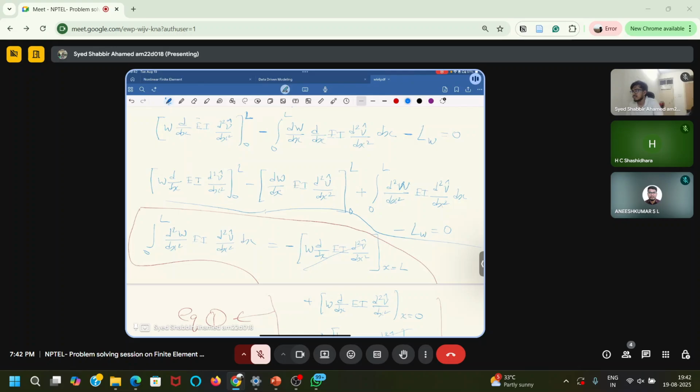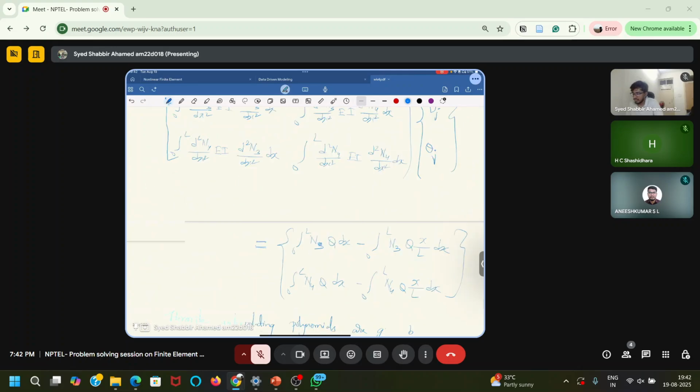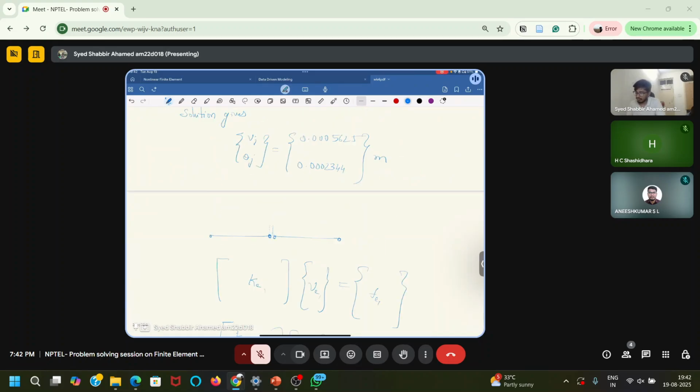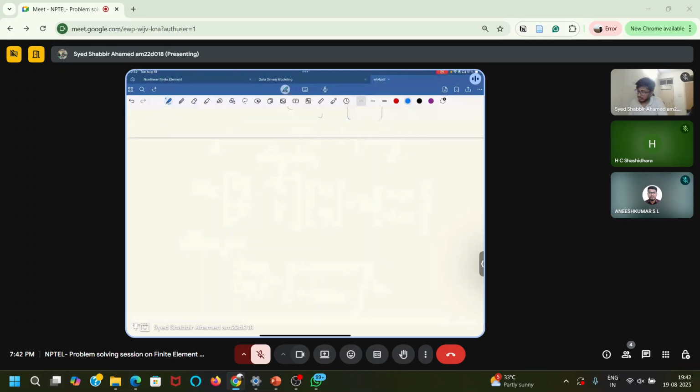There were a few things which were asked. They are asking for the transverse deflection of the beam at the midpoint. Whatever solution I got here, I know that V cap equals N1 Vi plus N2 theta i plus N3 Vj plus N4 theta j.